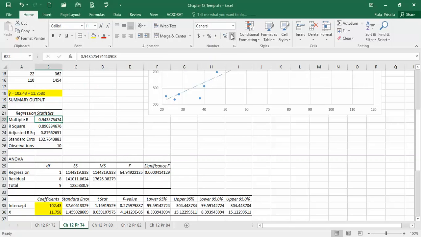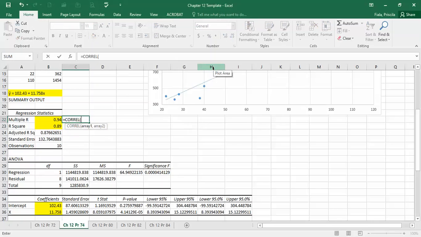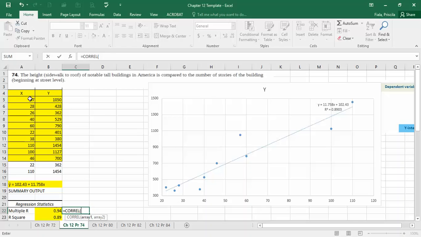What else looks familiar here? Did I tell you about an R square? And did I tell you about R and R square? Sorry about that. Here we go. Remember that I did correlation and then I put the values. Remember that I did that earlier? It's the same thing. What does this mean?